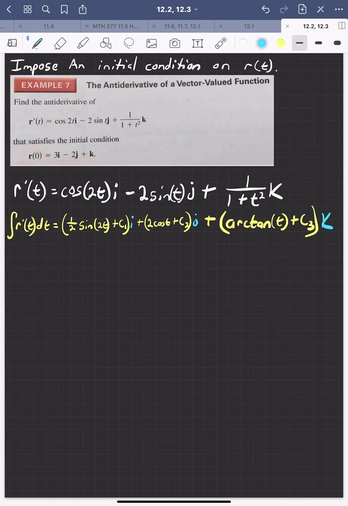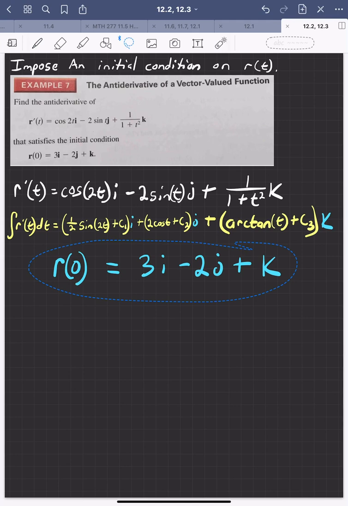So let me go ahead and write that initial condition. The initial condition says r of 0 is equal to 3i minus 2j plus k. All right, beautiful.